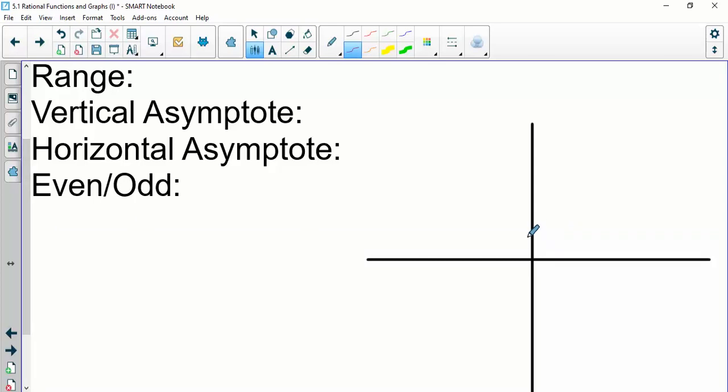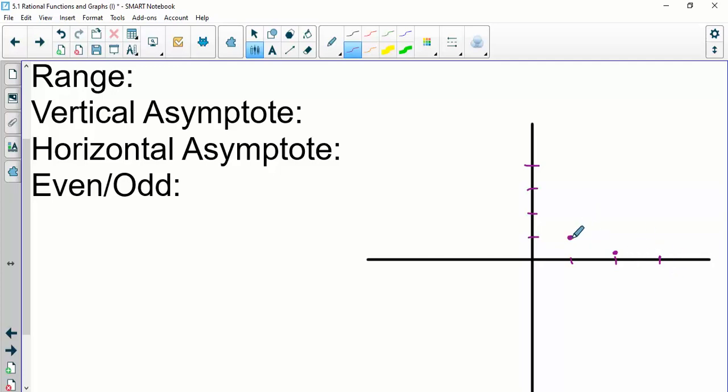So if I plug in some points, 1 over 1 squared would be 1. Okay, if I put in 1 over 2 squared, 1/4. Okay, if I did 1 over 3 squared, it's 1/9. So this is getting small really, really fast.